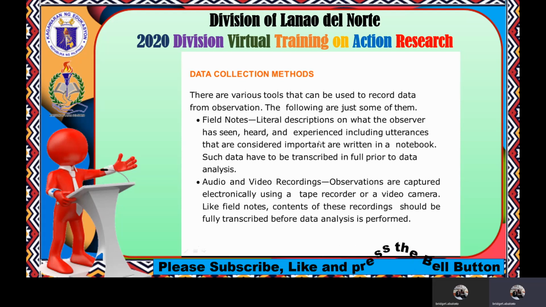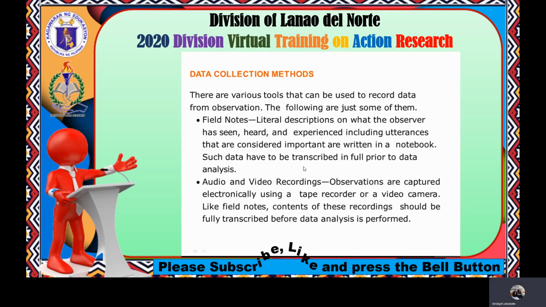So, gisulat niya sa iyang notebook kung unsa ang iyang mga na-observe, iyang nakita, iyang nadungog, iyang experience, tanan isulat niya sa notebook. Such data have to be transcribed in full prior to data analysis. So, i-transcribe siya, i-arrange, aron makapili ka sa mga observations, before nimo siya i-data analysis.